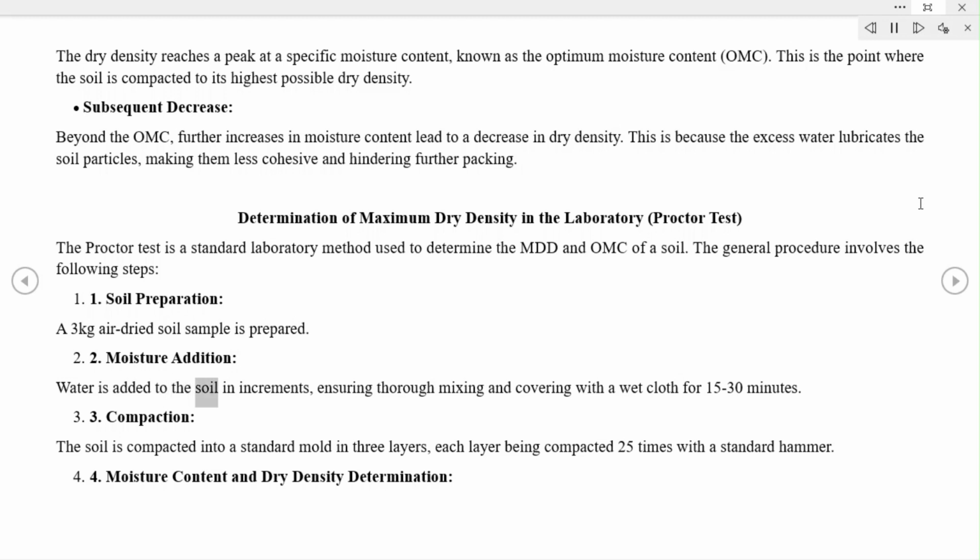Water is added to the soil in increments, ensuring thorough mixing and covering with a wet cloth for 15 to 30 minutes. 3. Compaction. The soil is compacted into a standard mold in 3 layers, each layer being compacted 25 times with a standard hammer.